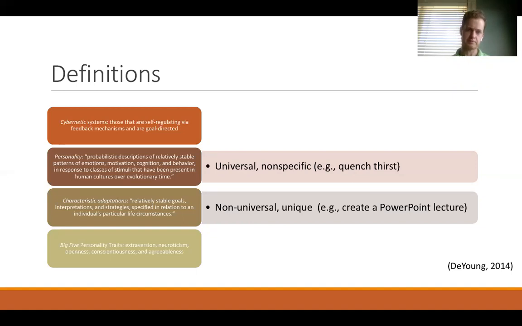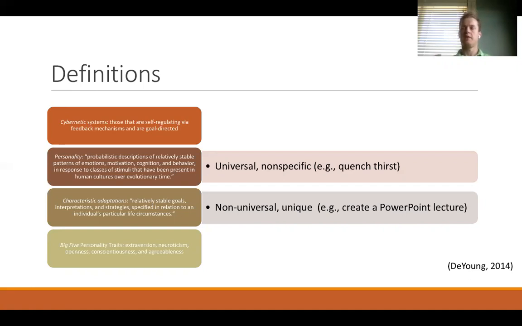Characteristic adaptations are a little different. This is another difference, besides the difference in the way he stratifies and the other components that he has in his personality hierarchy. Characteristic adaptations make it more flexible. So these are relatively stable goals, interpretations, and strategies specified in relation to an individual's particular life circumstances. That's a lot different.